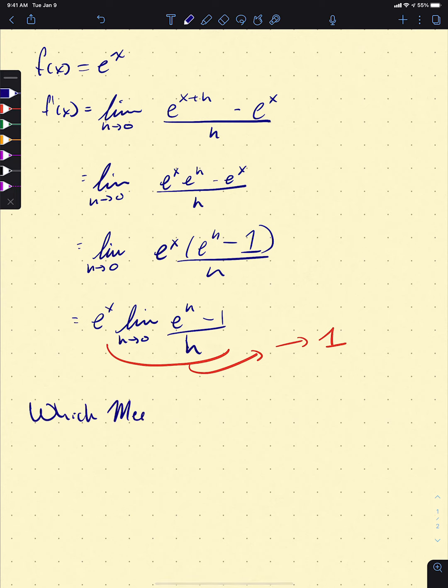This is why everyone cares about e to the x so much, because it is its own derivative. It's in fact the only function that is its own derivative.